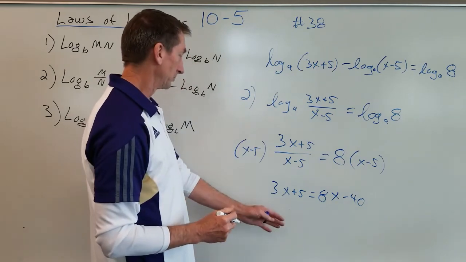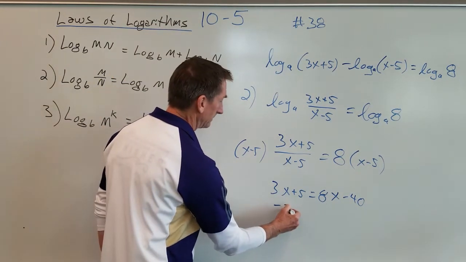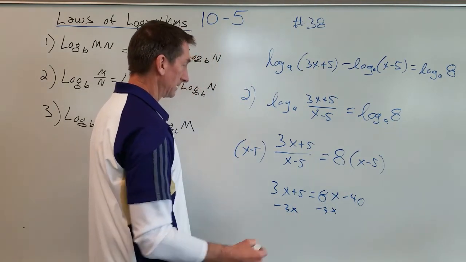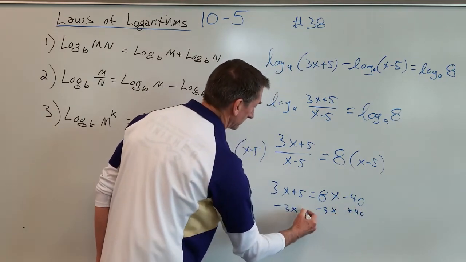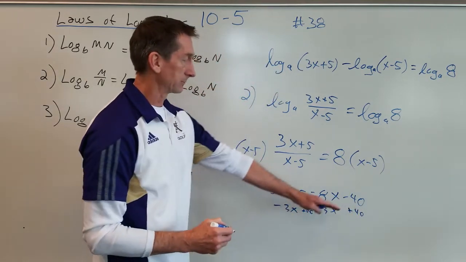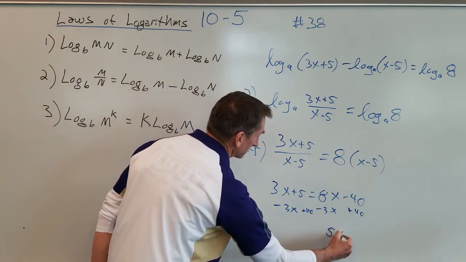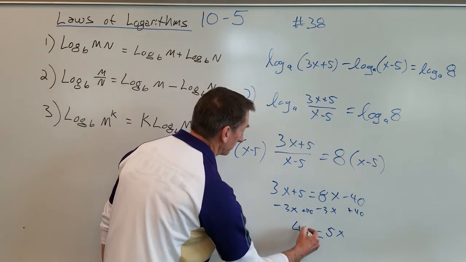And I'm going to subtract 3x from both sides. Minus 3x. And add 40 to both sides. Sorry, getting a little crowded down there. Okay, so that gives me 5x is equal to 45.